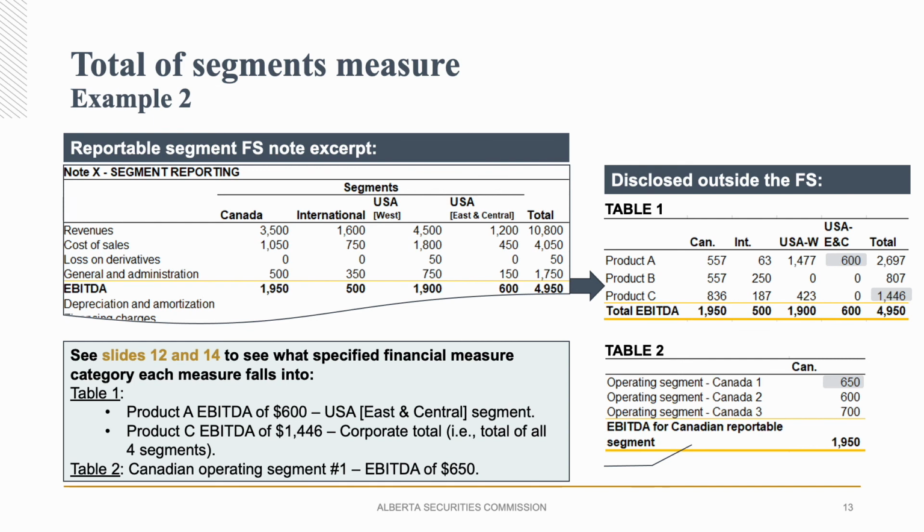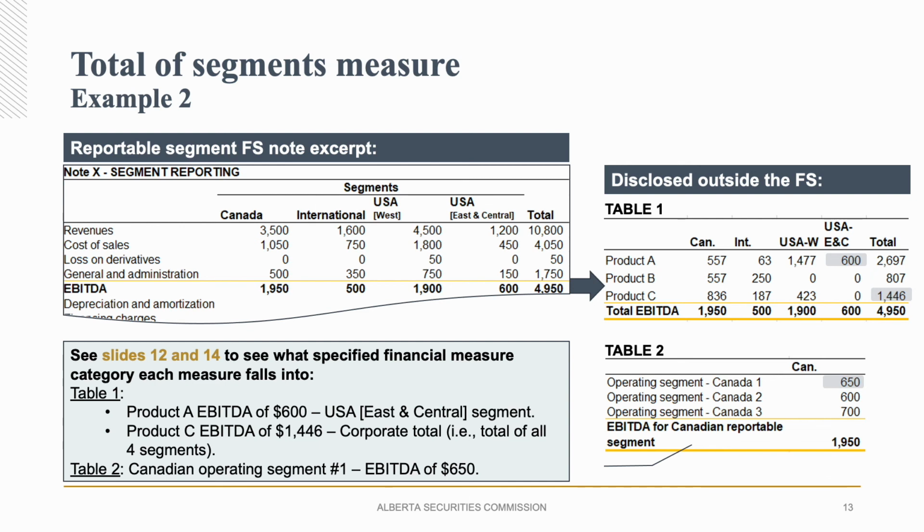We are looking at the 3 different measures on this slide. None of the measures are disclosed in the financial statements, and they are only disclosed outside of the financial statements. 1, EBITDA $650 for the Canadian operating segment number 1. 2, EBITDA of $600 for product A for the US East and Central reportable segment.